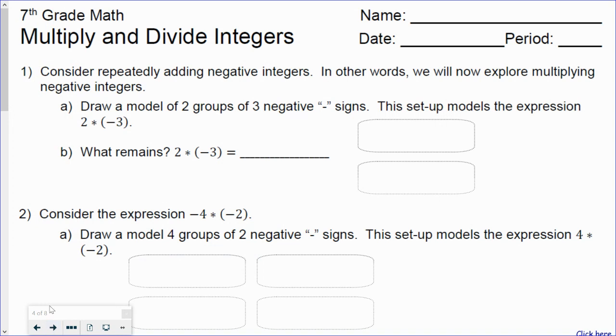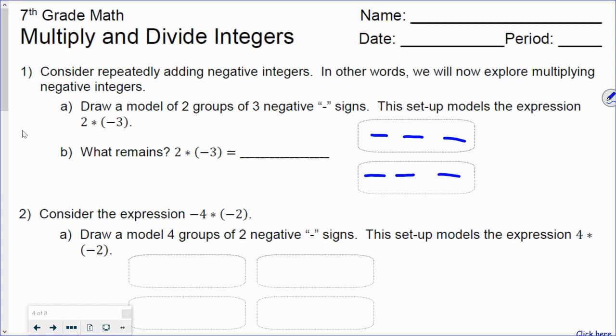All right, so we are going to multiply and divide integers. 1. Consider repeatedly adding negative integers. In other words, we will now explore multiplying negative integers. So we need to draw a model of two groups of three negative signs. This setup is going to model what 2 times -3 is. Here we have two groups, and we're going to put our three negatives inside.